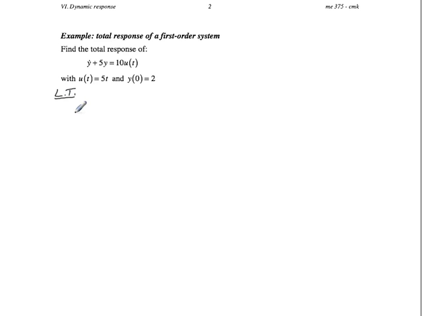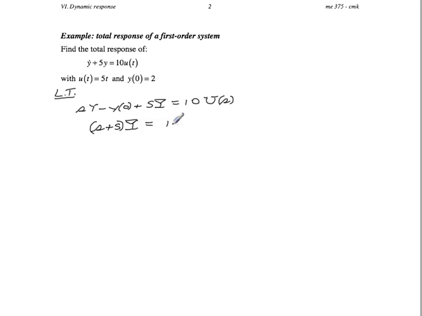of the equation of motion, so you get s times y minus initial value for y plus 5y is equal to 10 times the Laplace transform of our input there of u. So from this I get s plus 5 times y, left hand side.